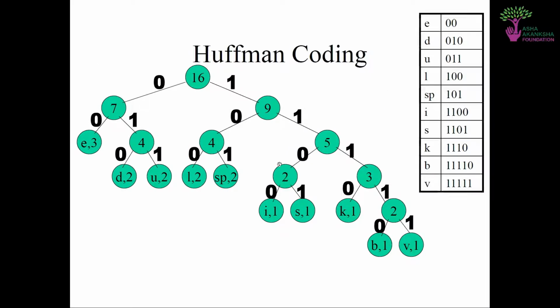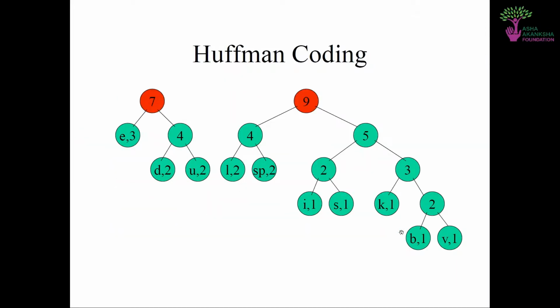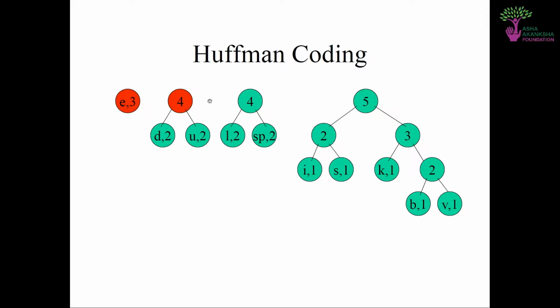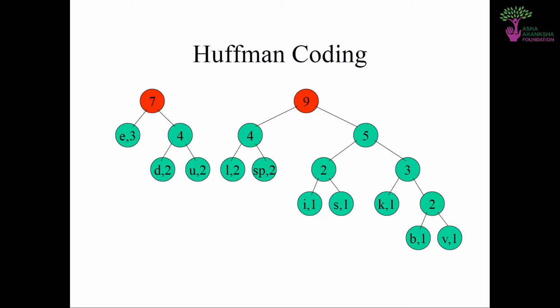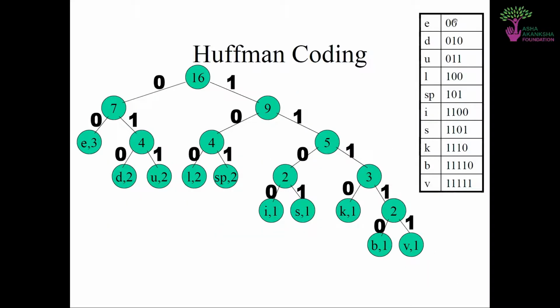So keep in mind that this tree could be different according to how we create this tree. Like here we could have taken this 3 and this 4 to make the common tree, and in that case the tree would look a little bit different. These characters would have somewhat different values.